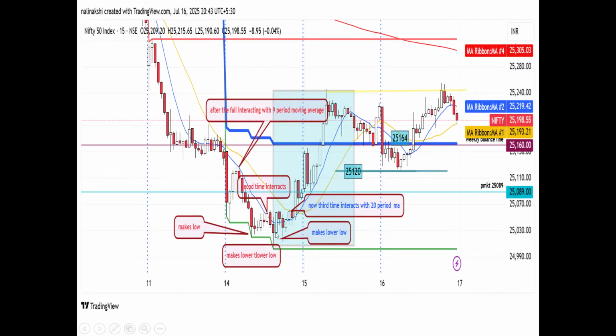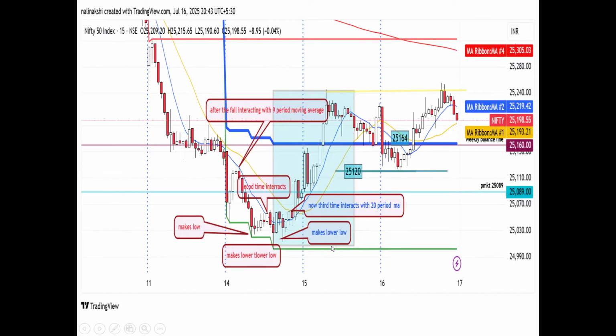Actually, the market, what did it do? You can see it trapped the low of this seller candle, the red candle, and closed inside. That is an indication.